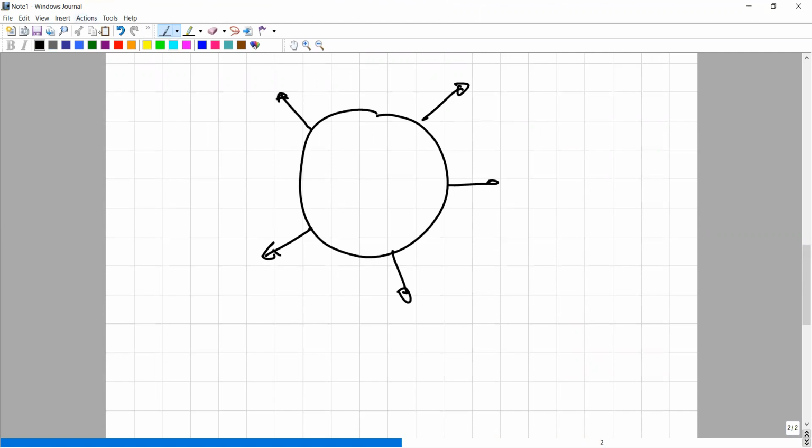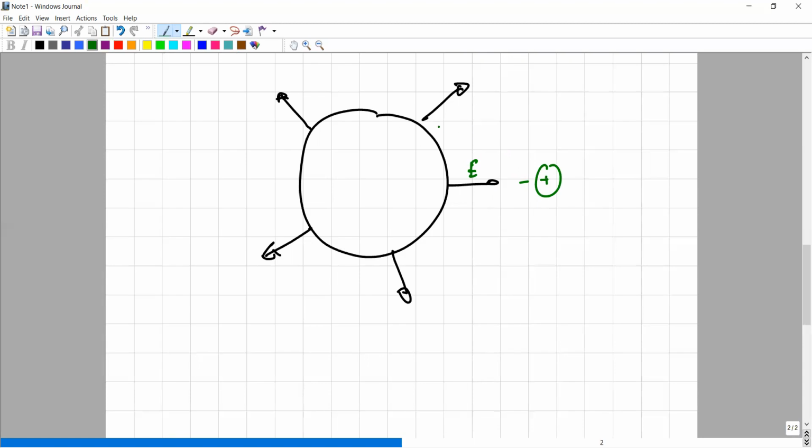I hope you know what ionization means. For example, if this is a molecule, because of the very strong electric field, this electric field is going to attract the negative charge of the molecule, and eventually the electron will be taken off, and this will become a positively charged ion.